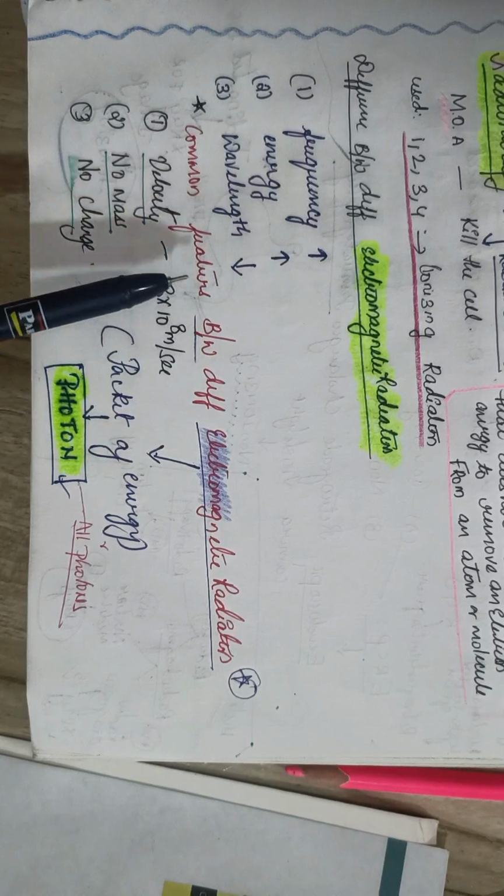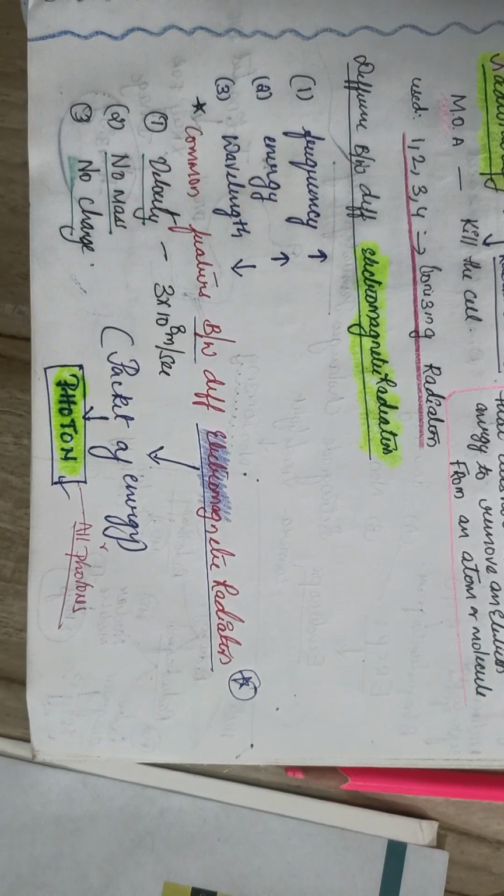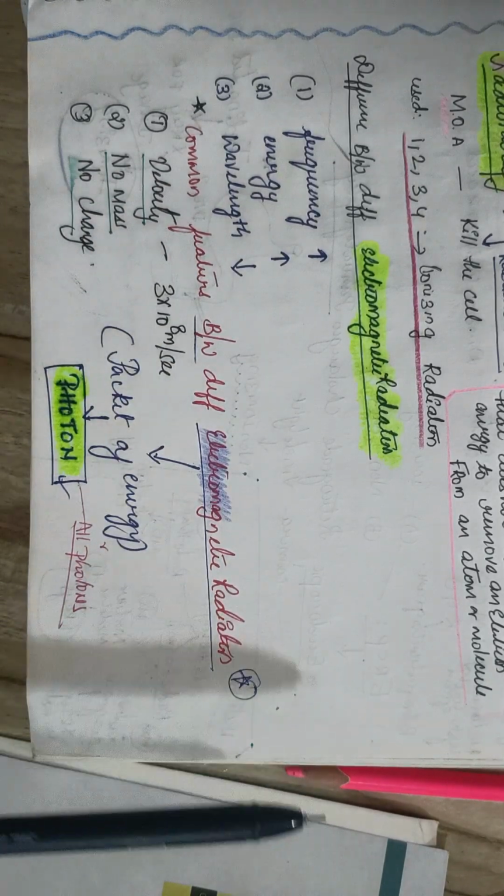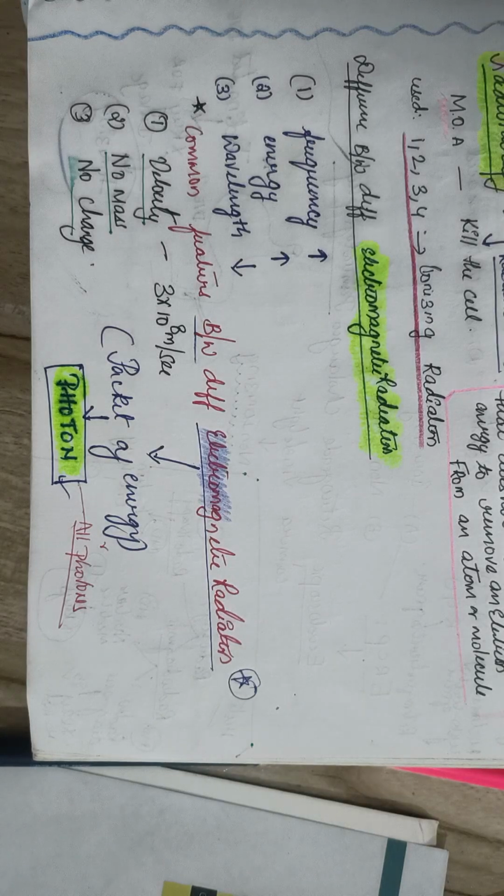These electromagnetic radiations have a common velocity. The velocity of an electromagnetic radiation is 3 into 10 to the power 8 meters per second. And there is no mass for these electromagnetic radiations, and there is no charge for them.